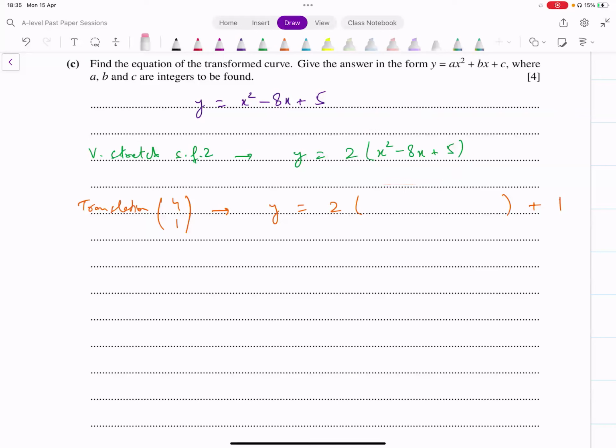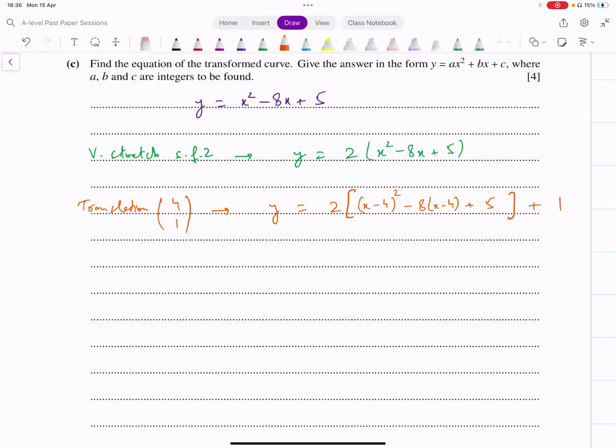So it works the other way around in horizontal transformation. If you had to apply the horizontal transformation to this function, wherever you got x, you're going to replace x with x minus 4. So it becomes x minus 4 whole squared minus 8 into x minus 4 plus 5. Every x gets replaced with x minus 4.